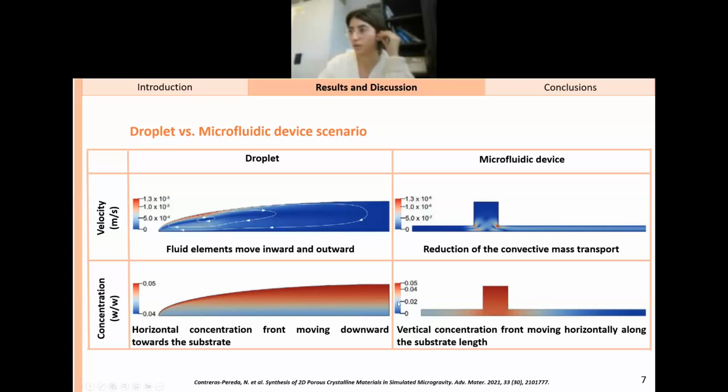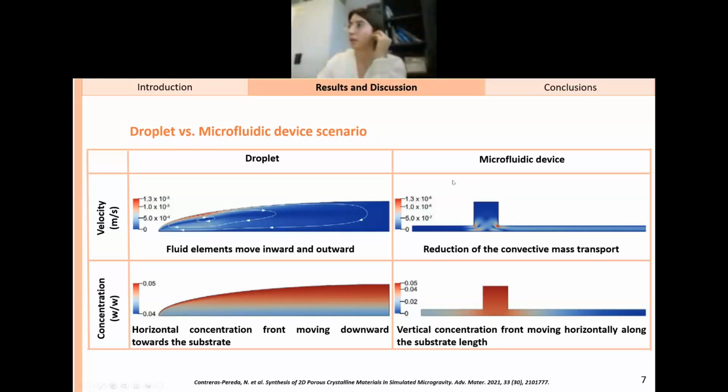So there's this concentration front horizontally that moves downward towards the substrate, but this also indicates that the reaction takes place here, probably, so that some products can be formed already in the droplet, and when it touches the substrate, it has already been formed.